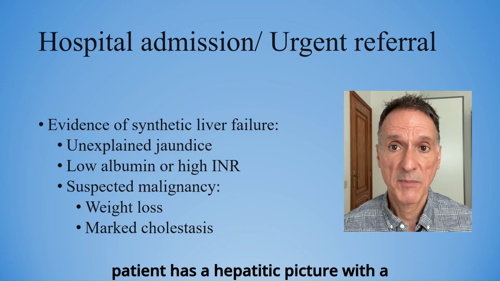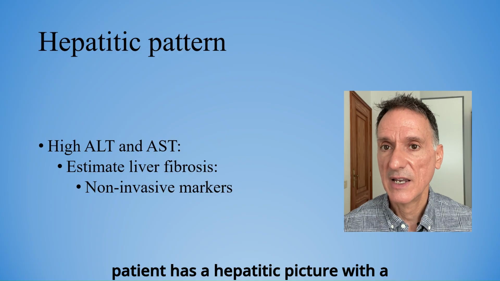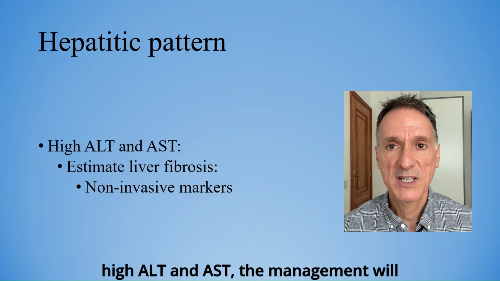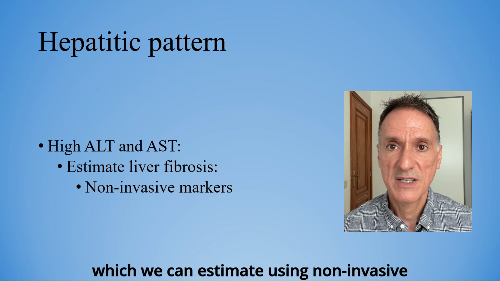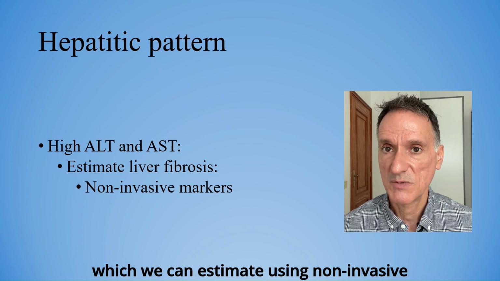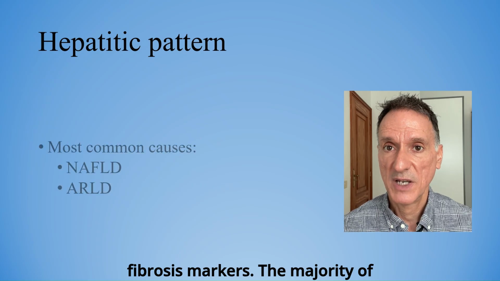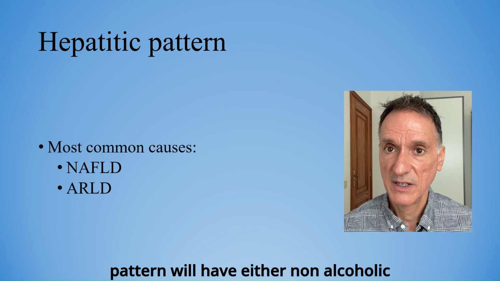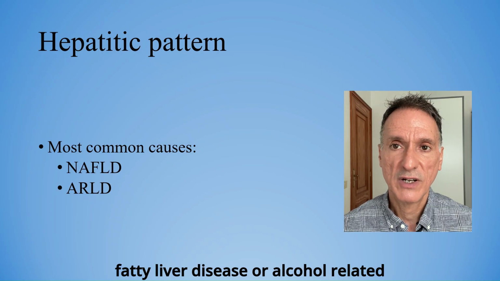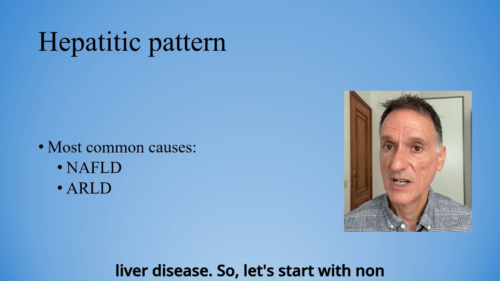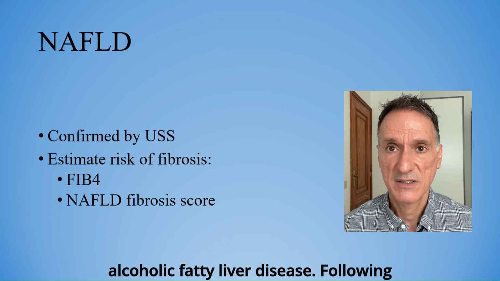If the patient has a hepatitic picture with a high ALT and AST, the management will depend on the level of liver fibrosis, which we can estimate using non-invasive fibrosis markers. The majority of patients presenting with a hepatitic pattern will have either non-alcoholic fatty liver disease or alcohol-related liver disease. So let's start with non-alcoholic fatty liver disease.